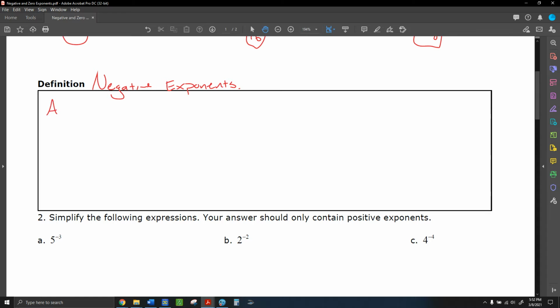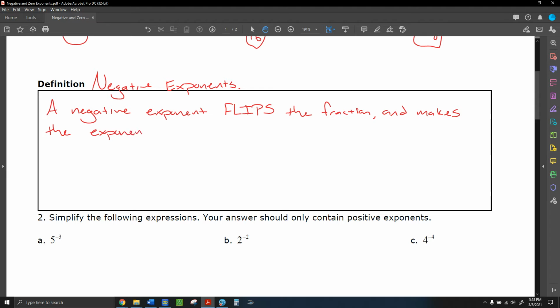A negative exponent flips the fraction and makes the exponent positive. A negative exponent flips the fraction and makes it positive.